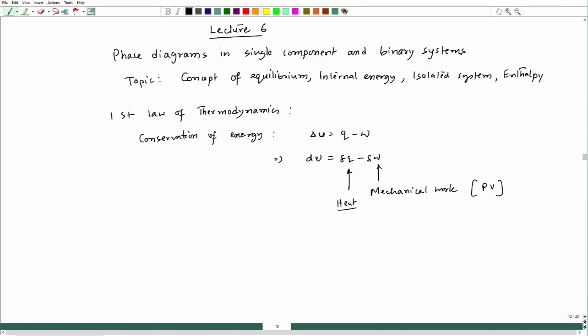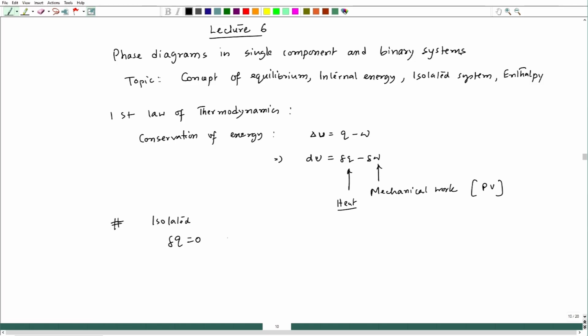So, if I consider some of the consideration, let us take it. One is, if we take this system to be isolated. Isolated means it cannot exchange heat with the surrounding. So, in that case Q becomes 0, or I can say del Q becomes 0.